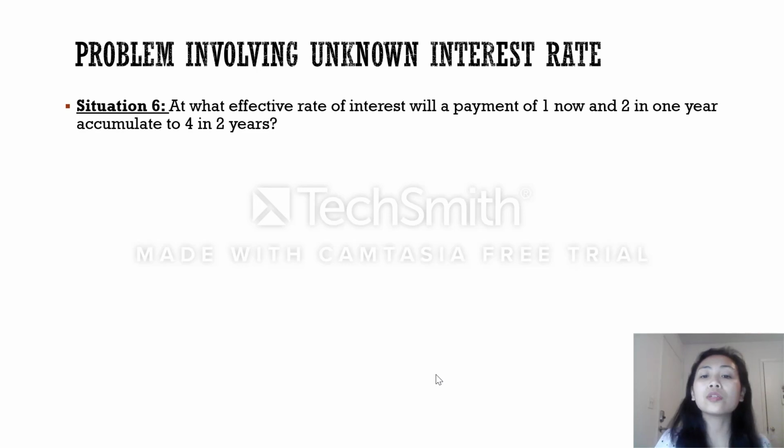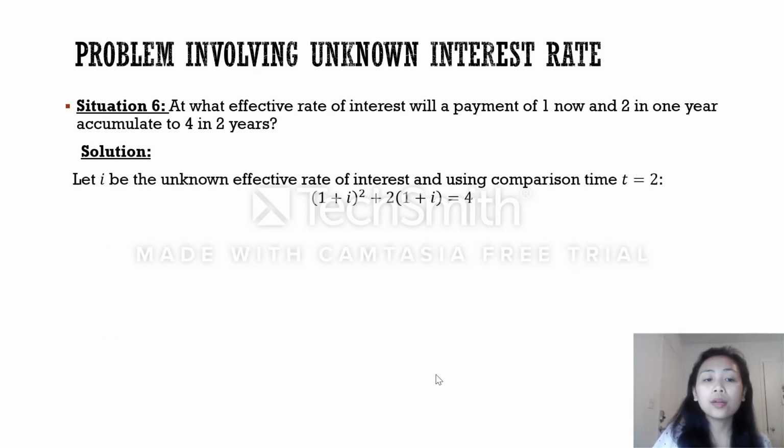So that means we are going to make 2 payments, 1 today and 2 one year later, and we are going to use a comparison time 2 years later. So let I be an unknown effective rate of interest, and using comparison time t equal to 2, we have the following equation.